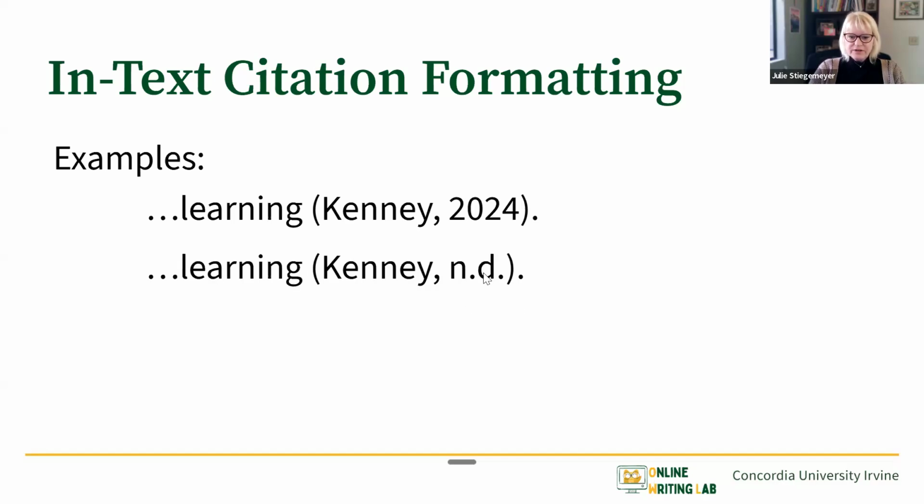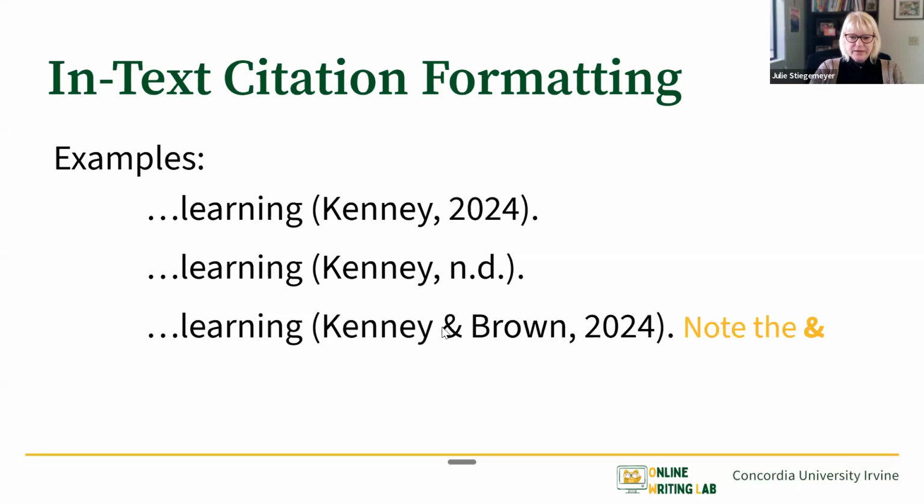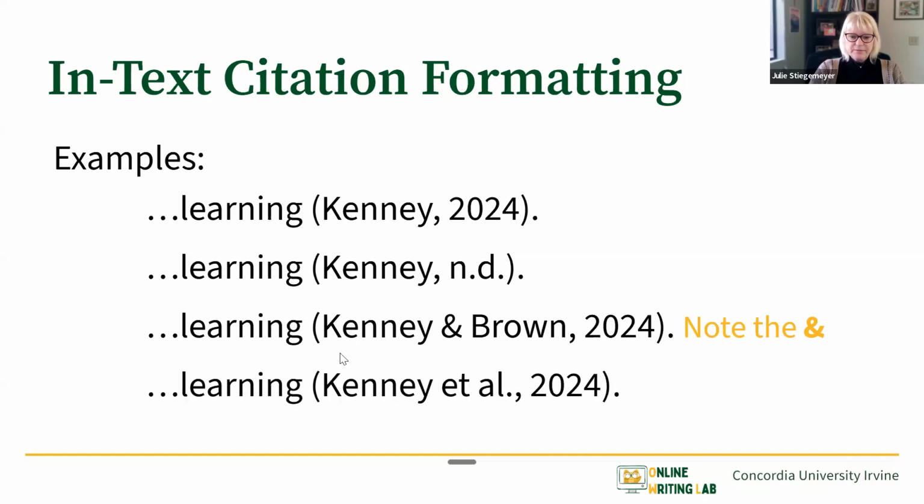Same thing here, but we're just using that ND for no date. And notice it has periods after each letter. So with two authors, we actually include both last names of the authors separated by this and symbol, the ampersand. So be sure to always use the ampersand in parenthetical citations.